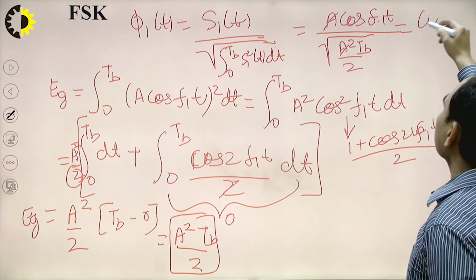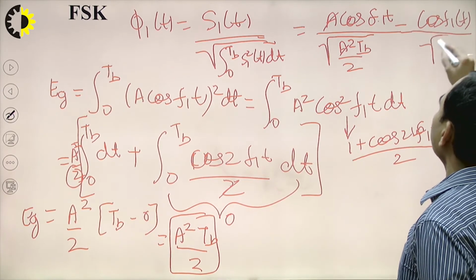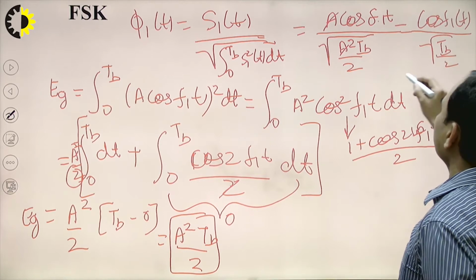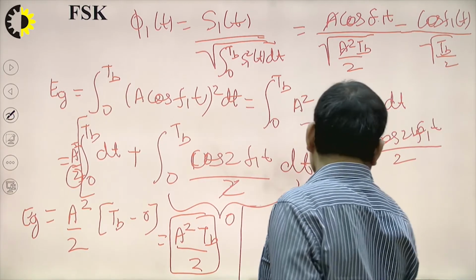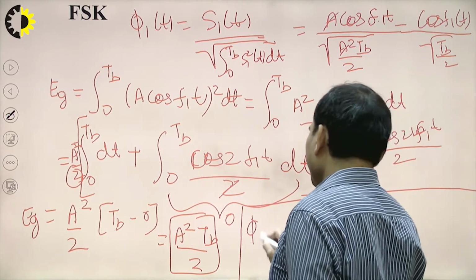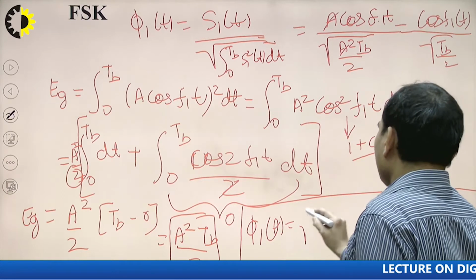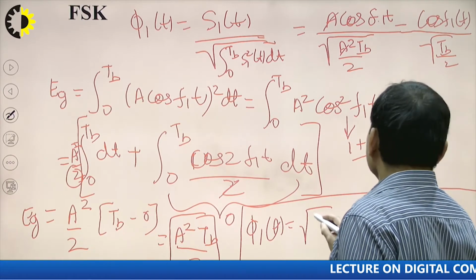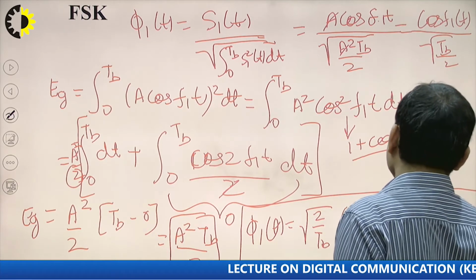What is left is cos of f1 t by the square root of Tb by 2. It can be further simplified, so we can write phi 1(t) as root of 2 by Tb cos of f1 t.